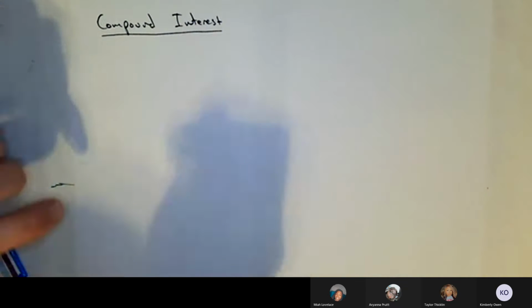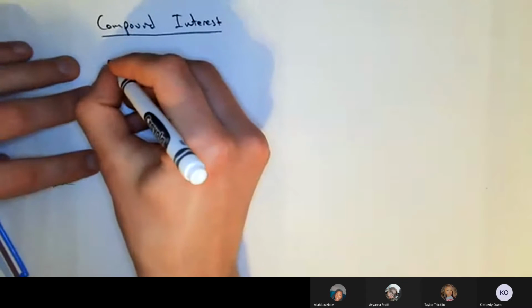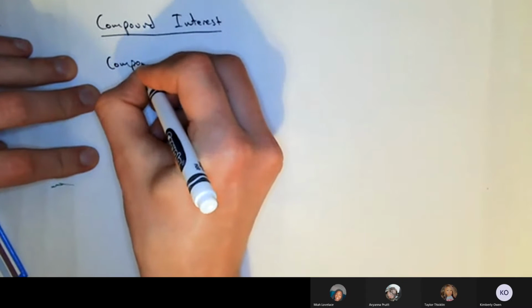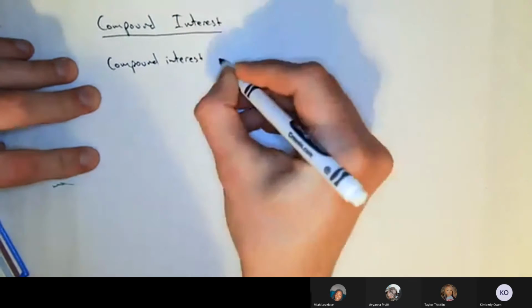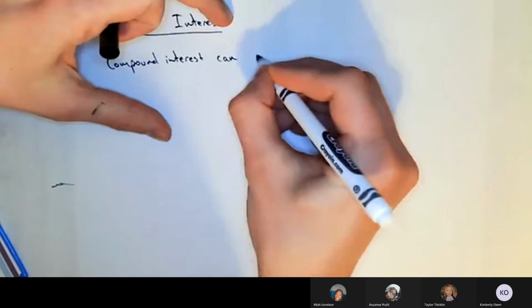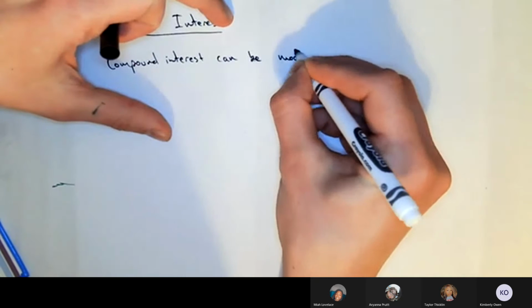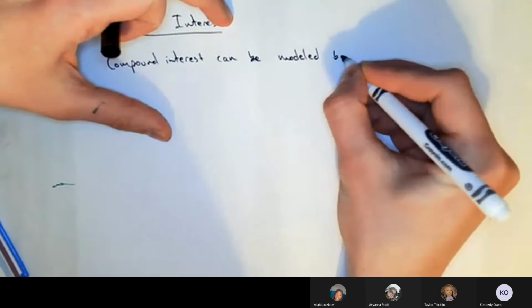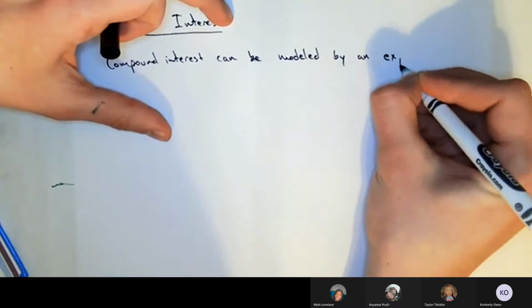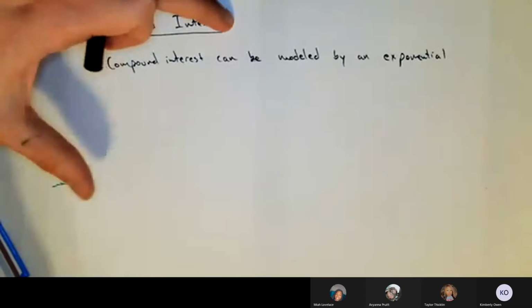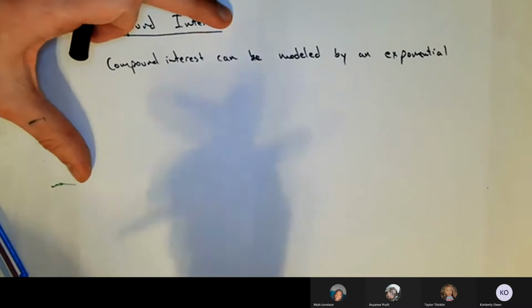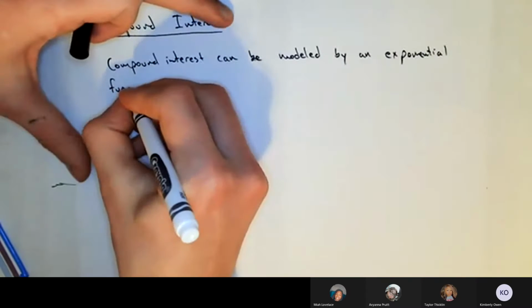Compound interest can be modeled by an exponential function. It's going to look quite different from the exponential functions we were just dealing with, but I'll explain.